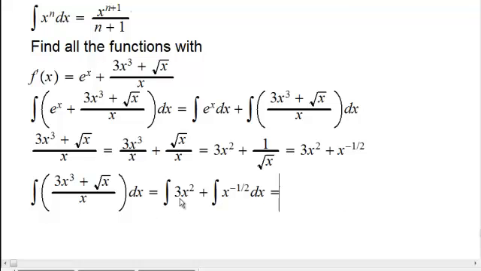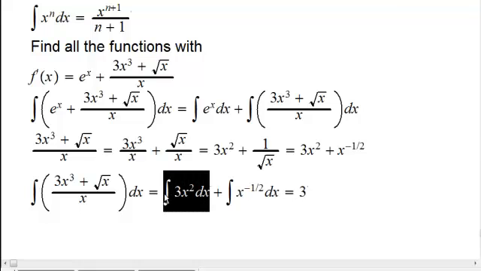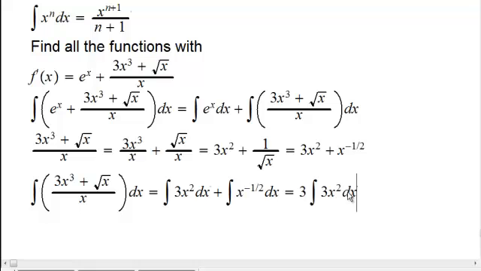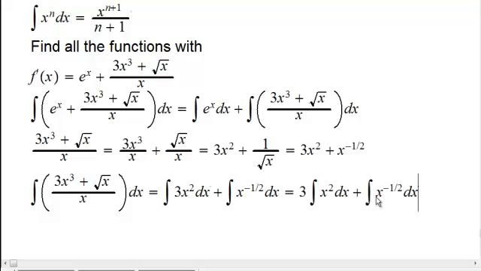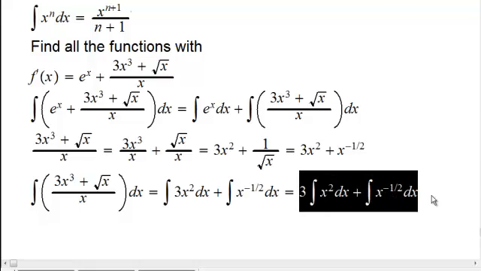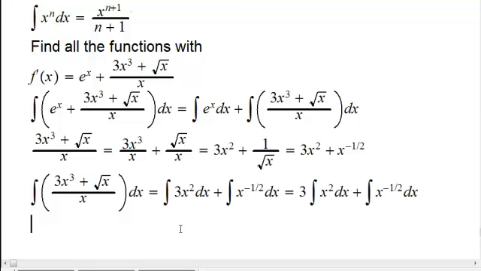What do I do here? I pull a 3 out, remember? And I forgot a dx here. I pull a 3 out. Okay. Yeah, we discussed that pretty well a few seconds ago. Okay. And then here we have this. Is everyone fine on every step? Okay. So let's pull this down here. And now we are set.